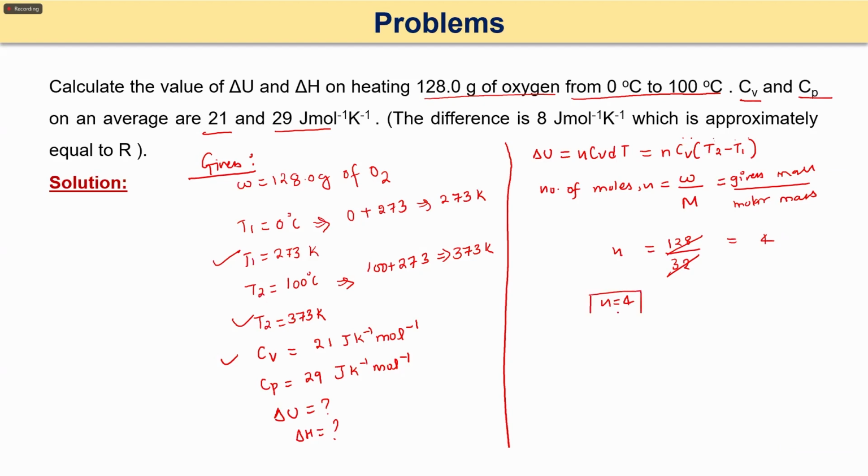So now we have calculated n. Let us put the values of n, Cv, T2 and T1 in this expression to get the value of delta U. Delta U is equal to n Cv (T2 minus T1). n is equal to 4, Cv is 21, T2 is 373 Kelvin minus T1 which is 273 Kelvin.